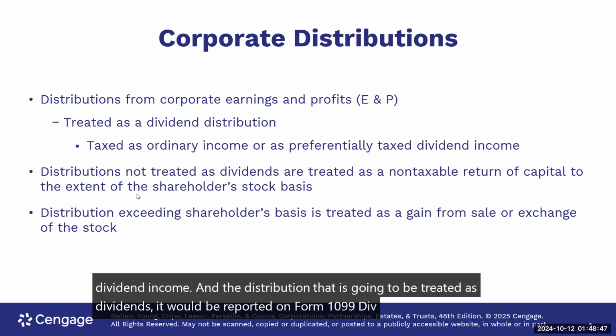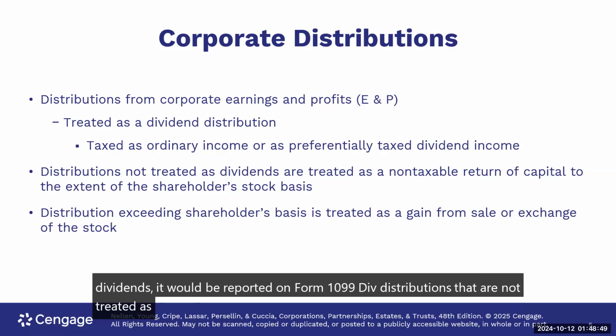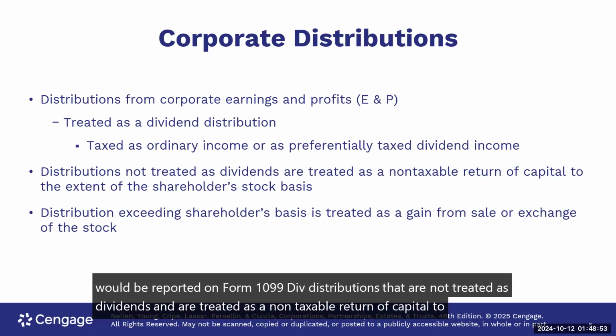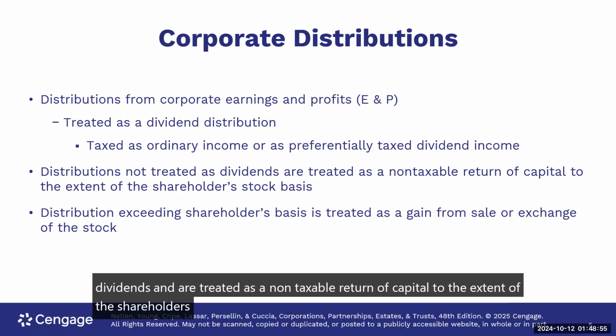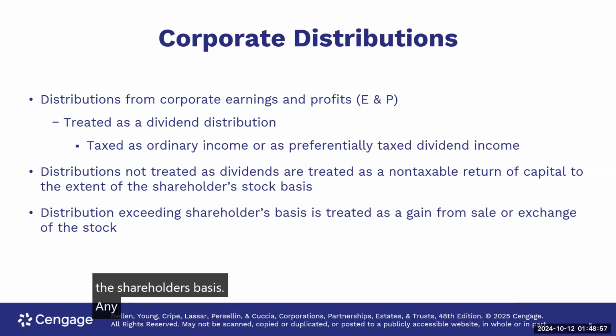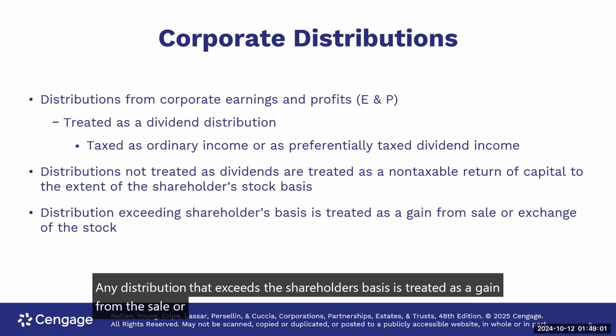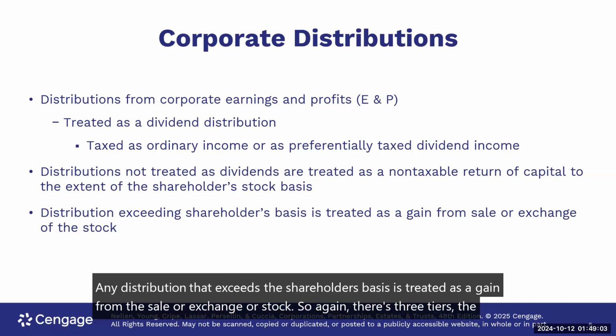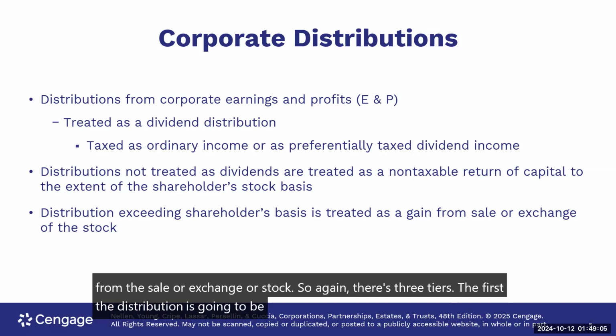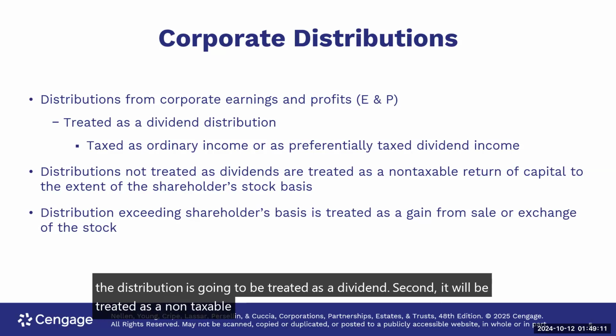Distributions that are not treated as dividends are treated as a non-taxable return of capital to the extent of the shareholder's basis, and any distribution that exceeds the shareholder's basis is treated as a gain from the sale or exchange of stock. So again, there are 3 tiers. First, the distribution is treated as a dividend. Second, it is treated as a non-taxable return of capital to the extent of that shareholder's basis.